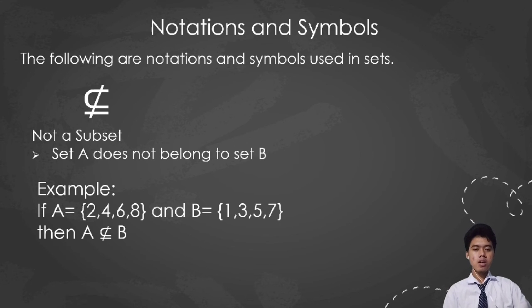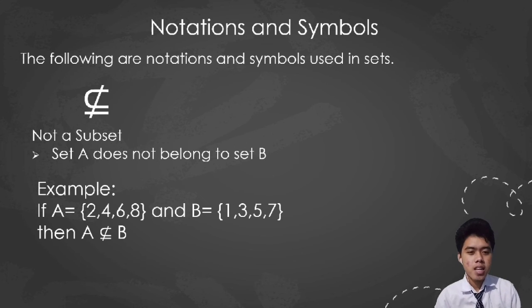Next one is not a subset. So, yung symbol niya is same with subset, however, may slash na siya. Not a subset is a set A does not belong to set B. Kung ano yung element natin sa set A is hindi natin makikita sa set B. So, example natin dito, if set A is equal to 2, 4, 6, 8. 2, 4, 6, 8 is positive, even number less than 10.